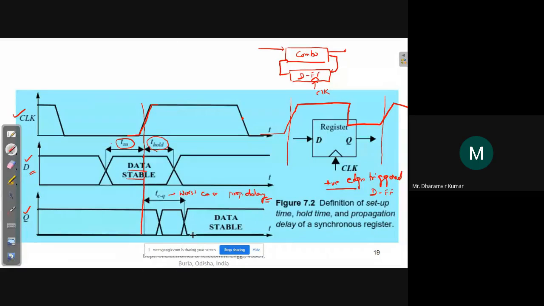After this TCQ, the data comes here at Q, at the output. So this is how these definitions are.